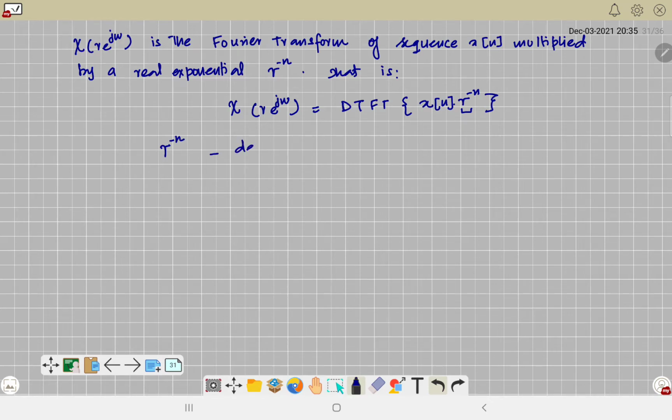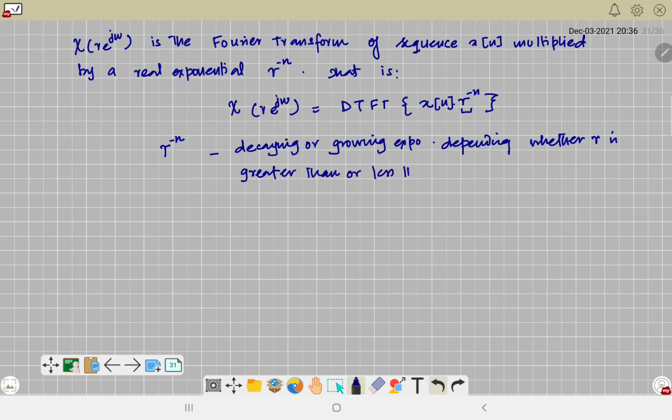It may be either a decaying exponential or a growing exponential, depending upon whether r is greater than or less than unity. We have studied discrete exponentials in our first chapter, so it can be either decaying or growing, right?